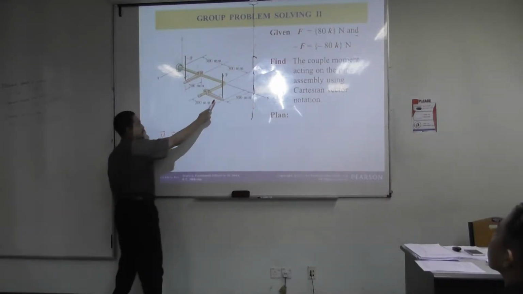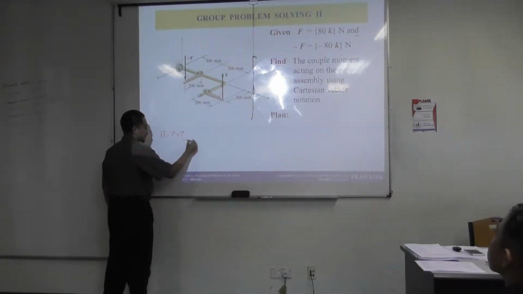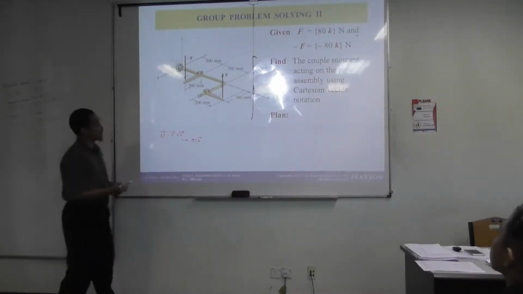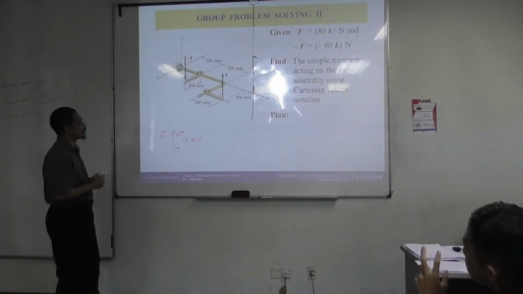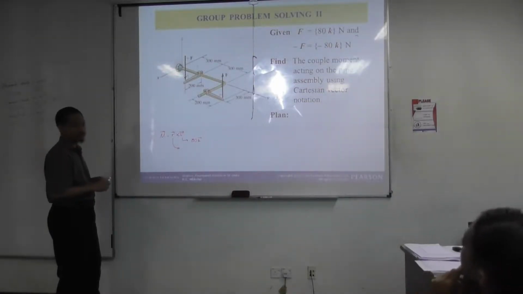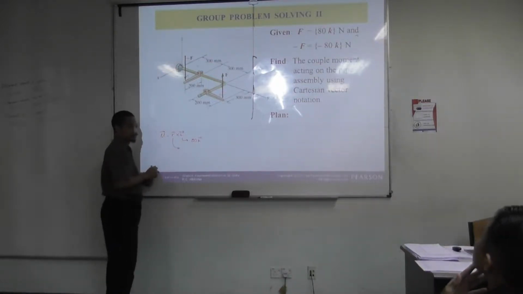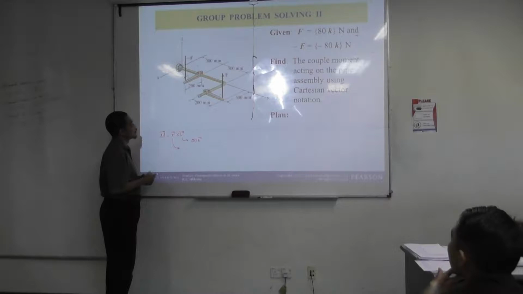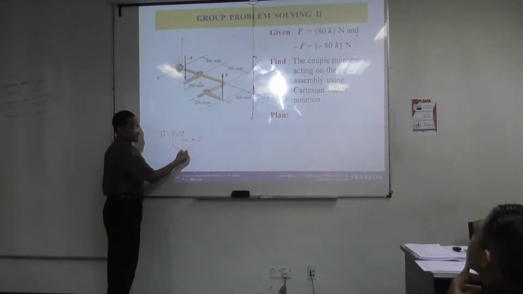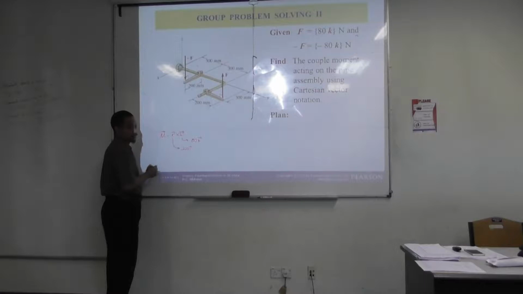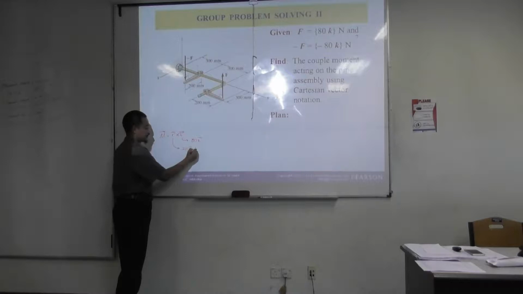Let's say we take this F as this one, which is positive 80k. What will R be? 200i, is it? Plus 800j.